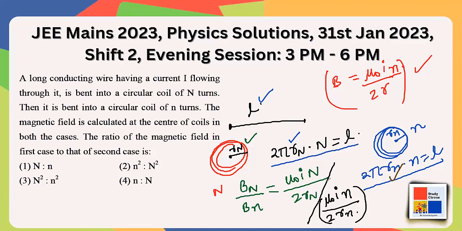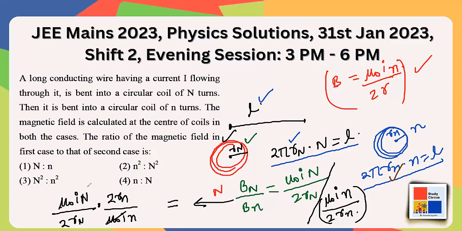So when you simplify this, you get mu naught I N upon 2 R_N times 2 R_n upon mu naught I small n. This cancels, this cancels, this 2 also cancels. I am left with N upon R_N, n and R_n.